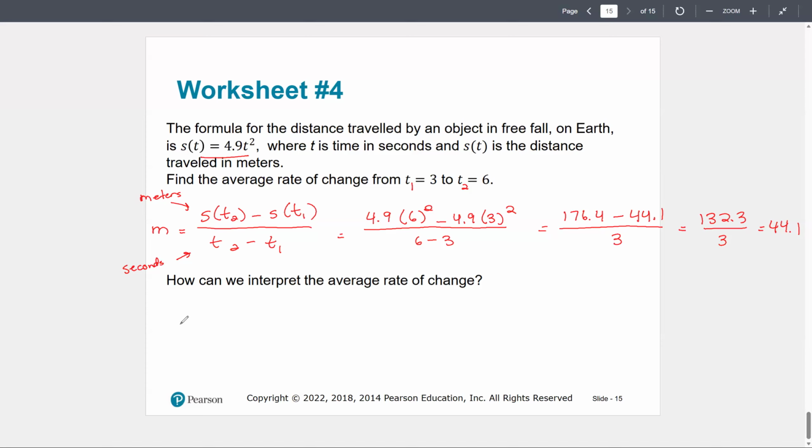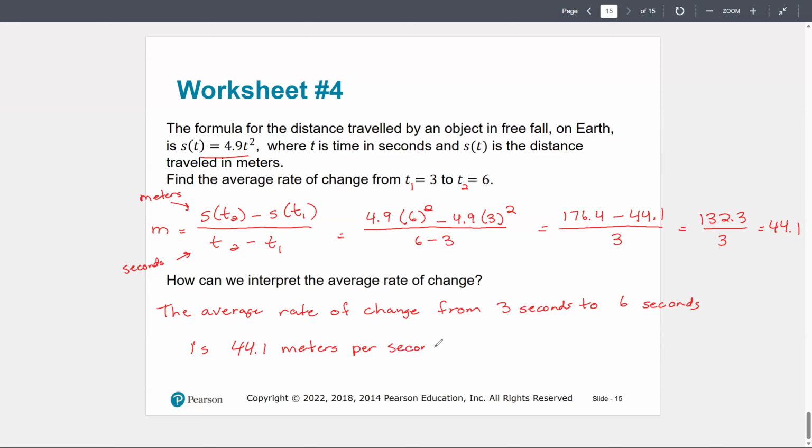So what we have is the average rate of change from 3 seconds to 6 seconds is going to be 44.1 meters per second. So we found a speed.